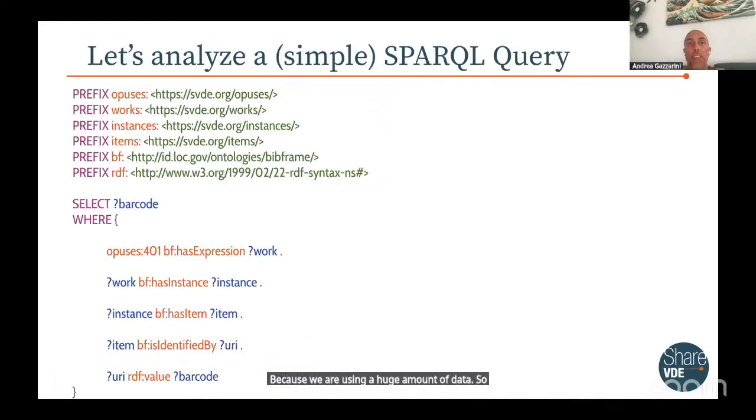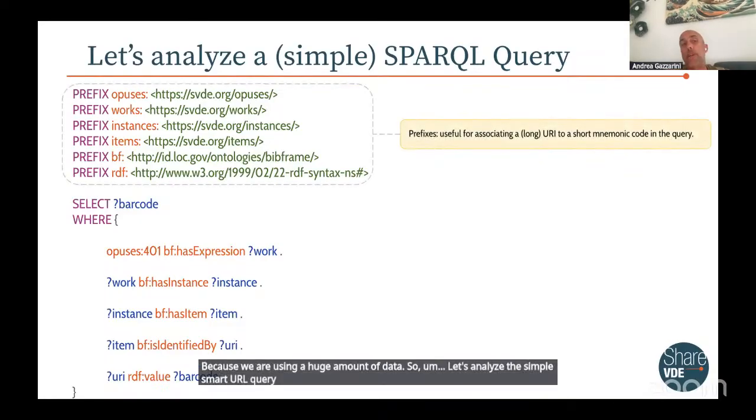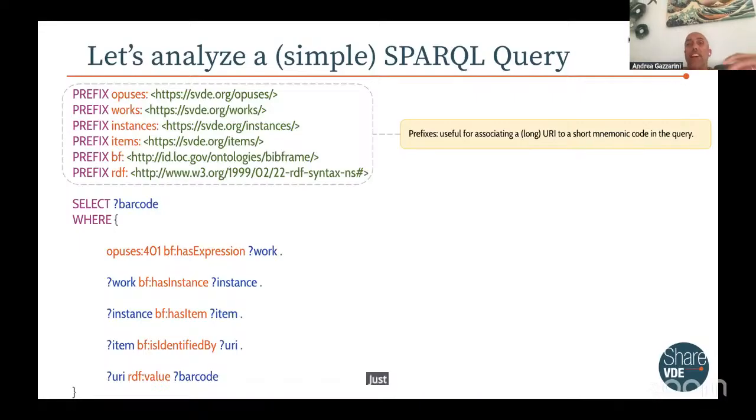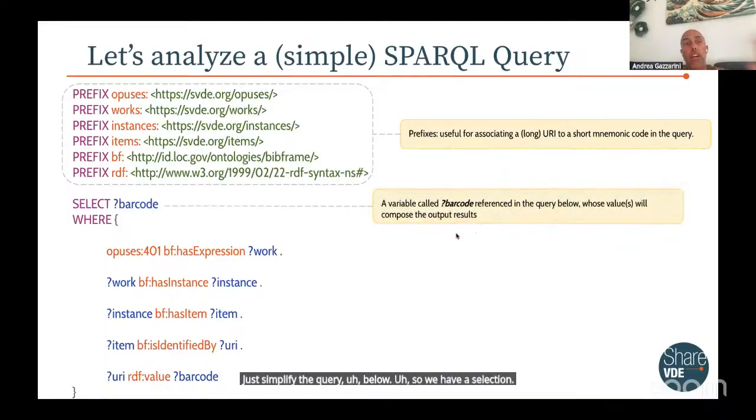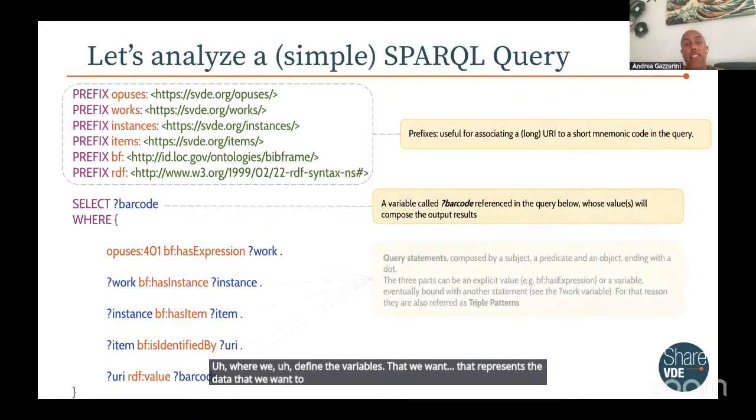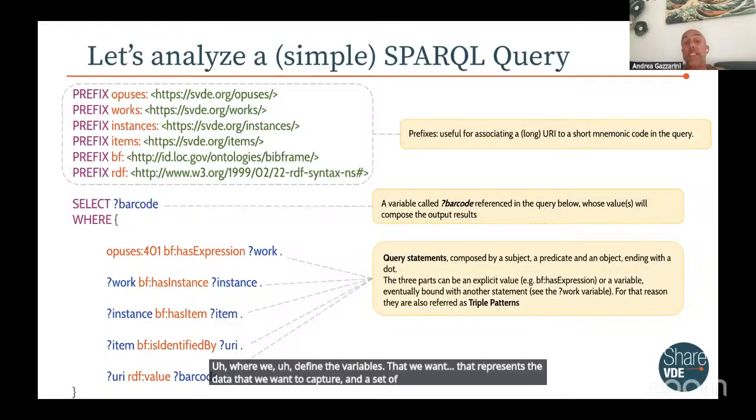So let's analyze a simple SPARQL query. We have a first part which is used just to simplify the query below. Then we have a selection where we define the variables that represent the data that we want to capture, and a set of query statements in terms of triples that represent the selection criteria.